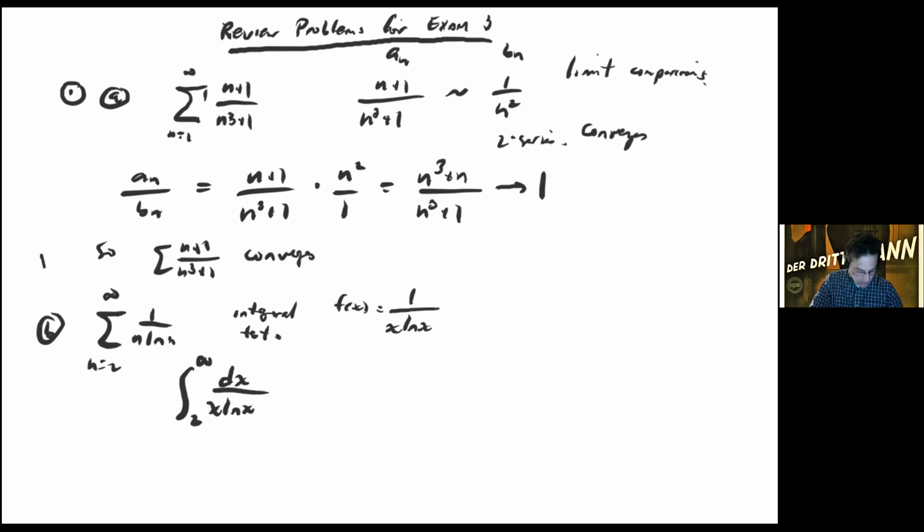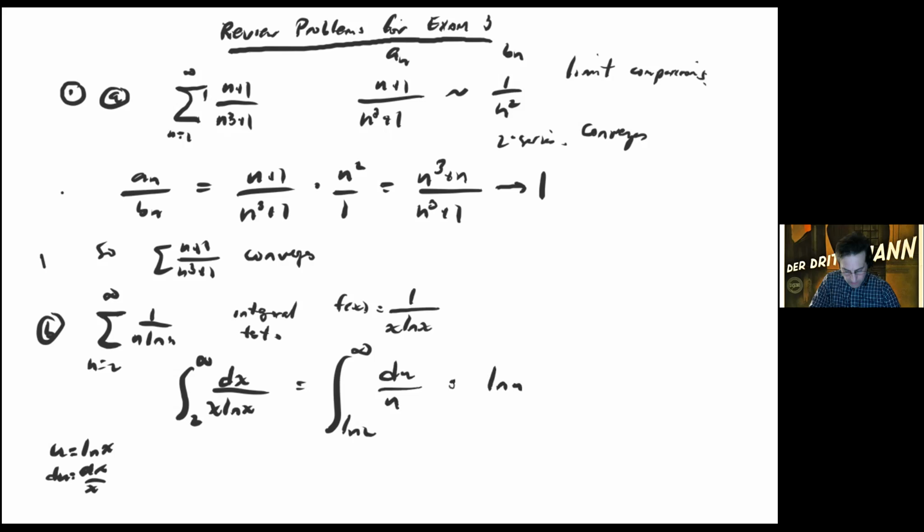I'm going to let u be ln of x. I'm going to do a substitution. du is dx over x. The integral then becomes, well, what are the new limits of integration? ln of 2 to infinity of du over u, which is ln of u, and we're going to evaluate it from ln 2 to infinity. I'm being slightly sloppy; I should be writing a limit here.